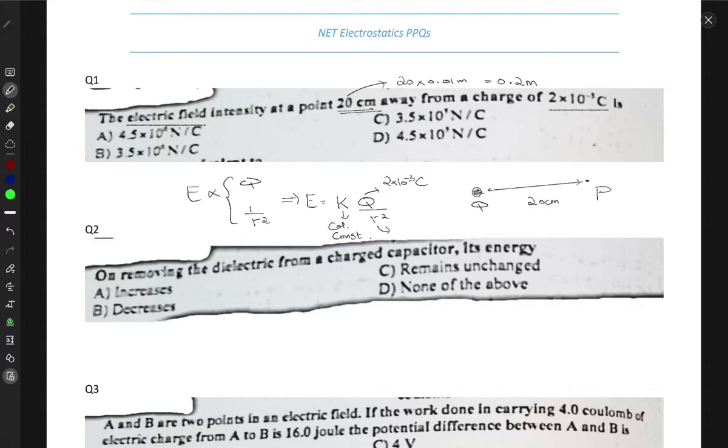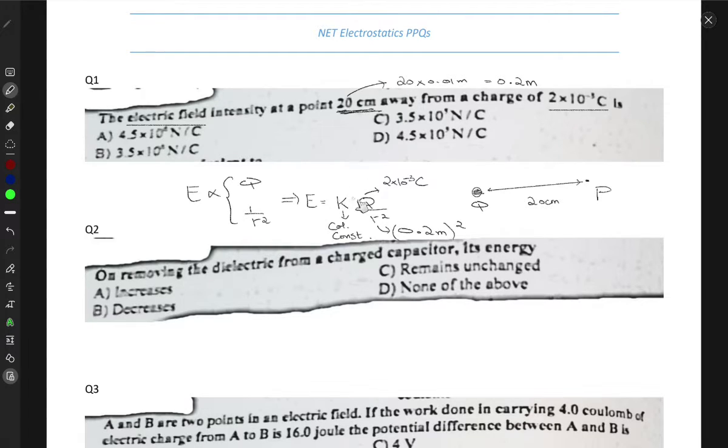And R is the distance between the point P and the charge Q. In general, whenever you're computing the electric field at any point, R is the separation of the point from the source charge, which is giving rise to this electric field. So in place of R, we'll substitute how far the point is from this charge, which is 20 centimeters, which is 0.2 meters. I'll square this and put this value over there.